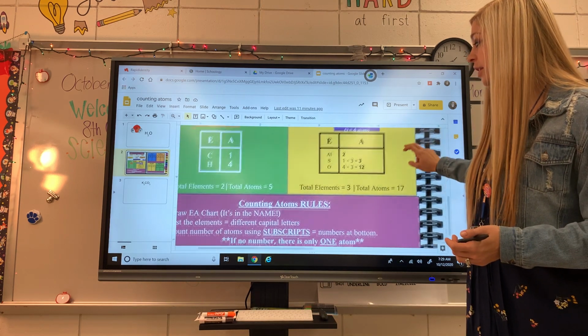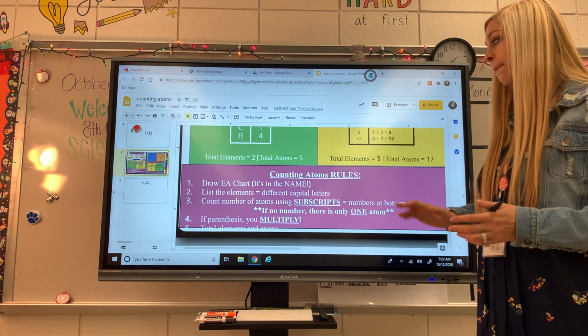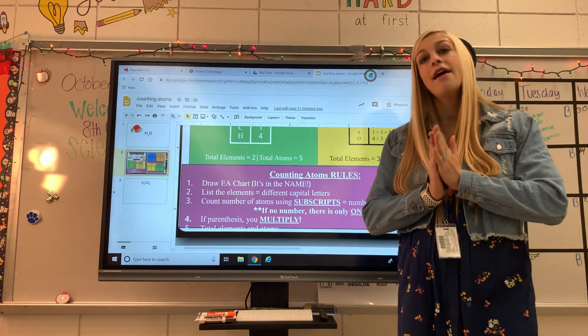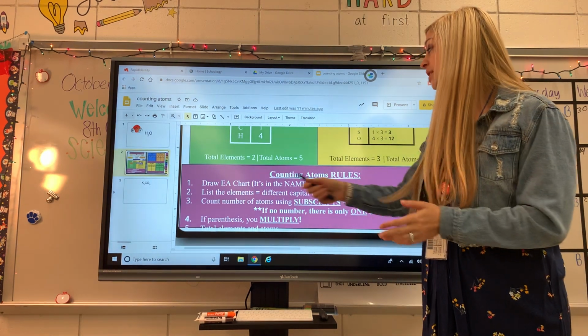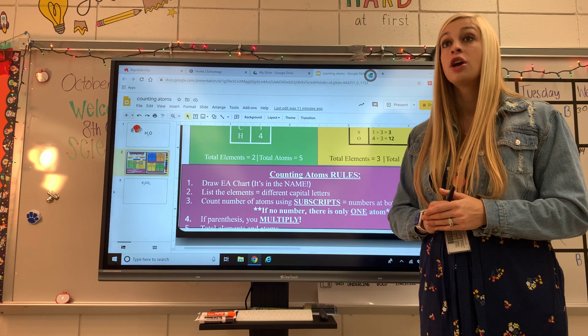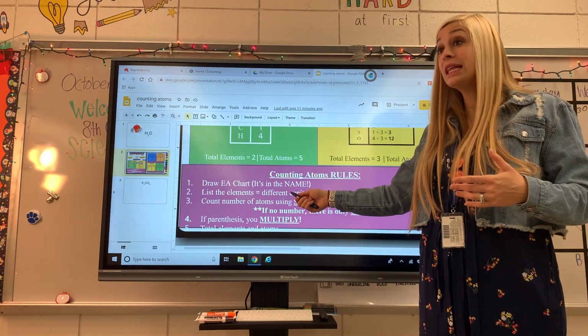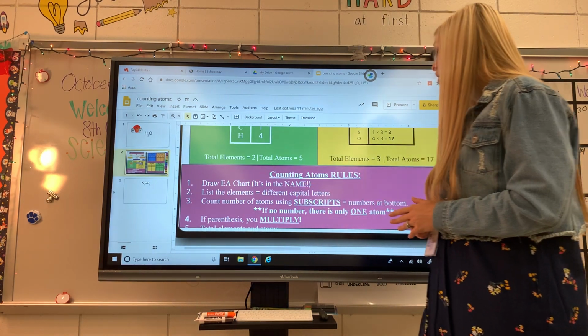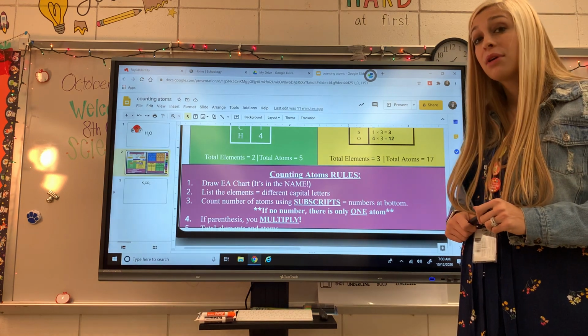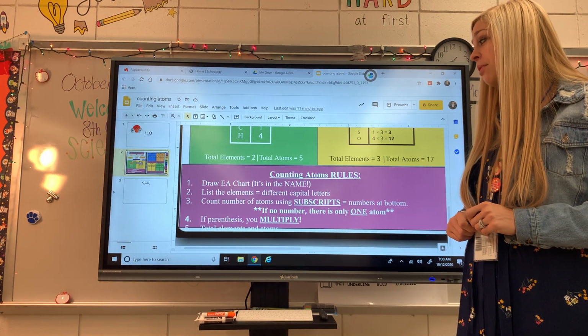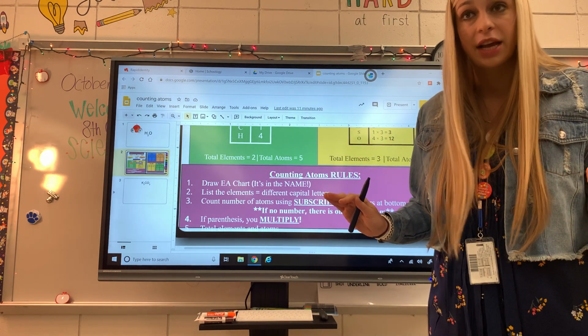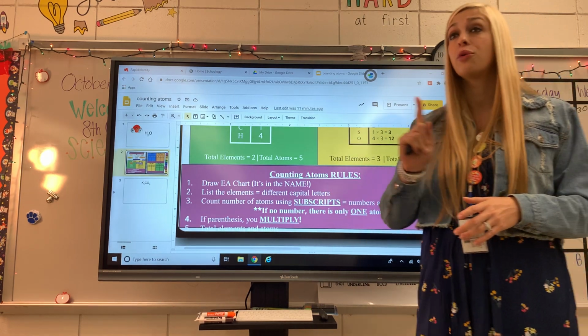All right, so down here, we have your rules. Every time you are counting atoms, you need an EA chart. You need to list the elements in the EA chart. You need to count the number of atoms using the subscripts. Remember, I said before you draw an EA chart, you go through and you put your ones.